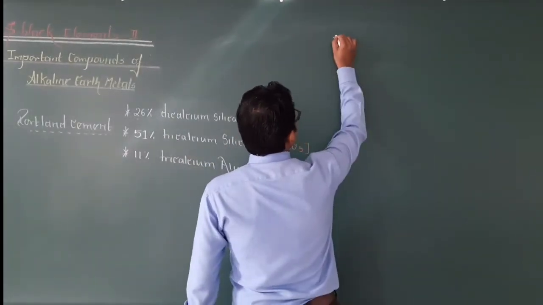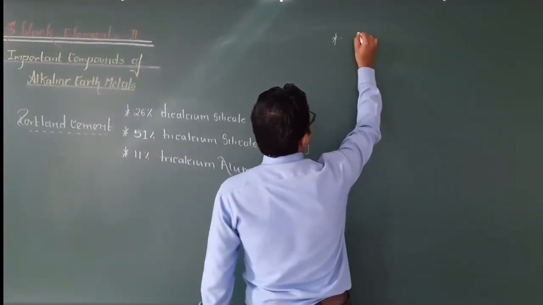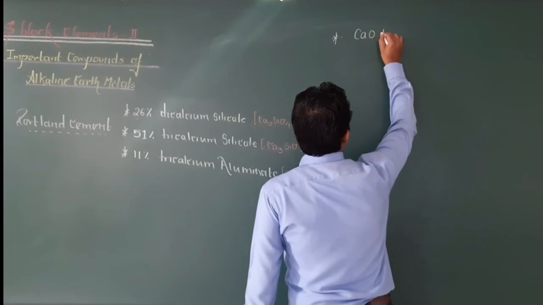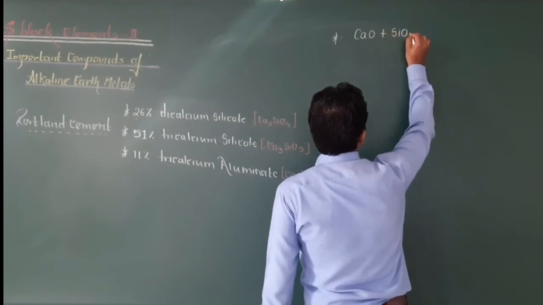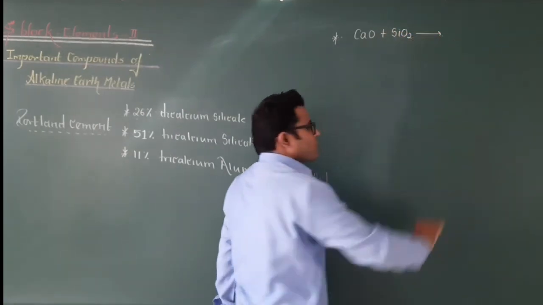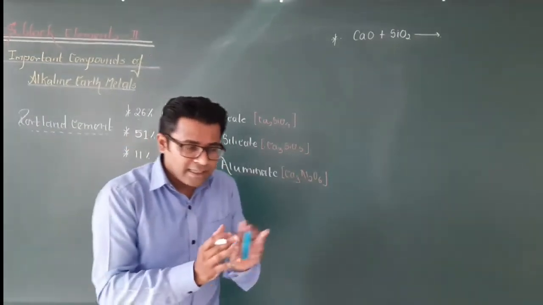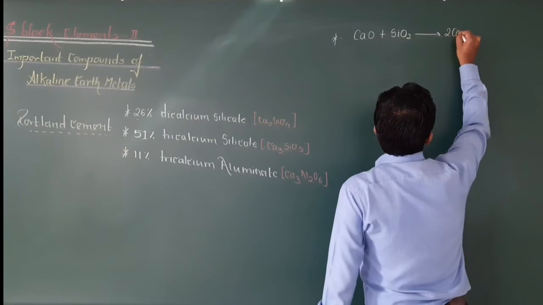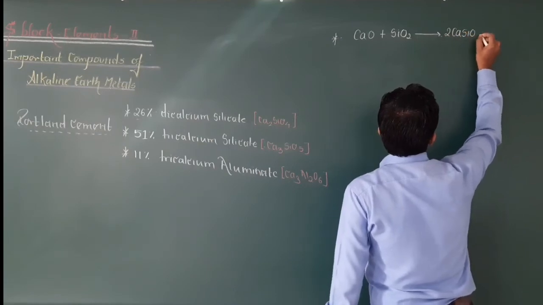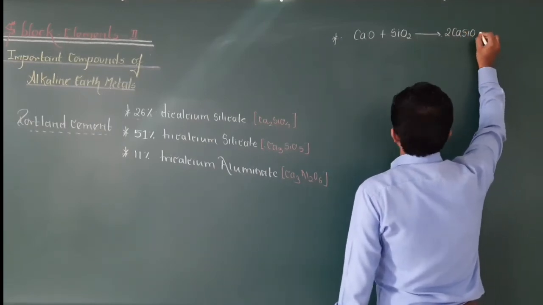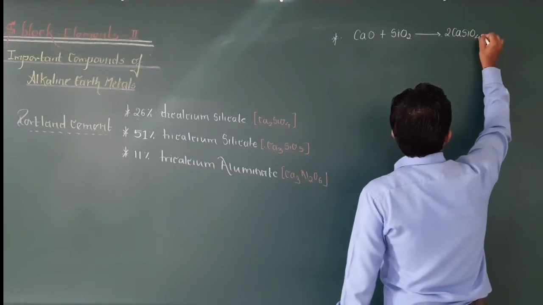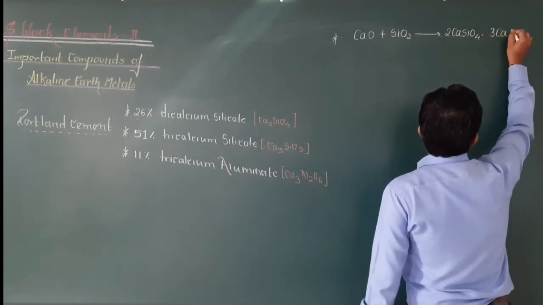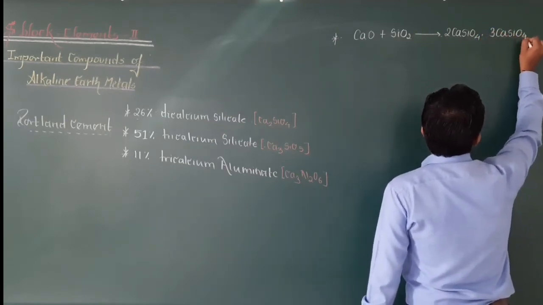That is, CaO reacts with SiO2, and when it is getting fused, it leads to the combination of 2CaO·SiO2 and 3CaO·SiO2.